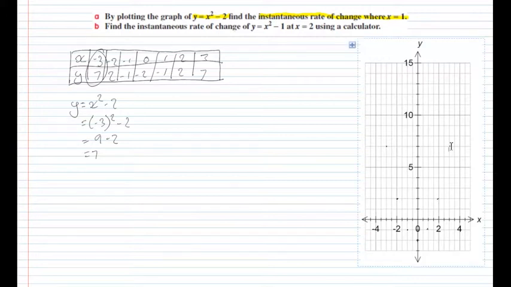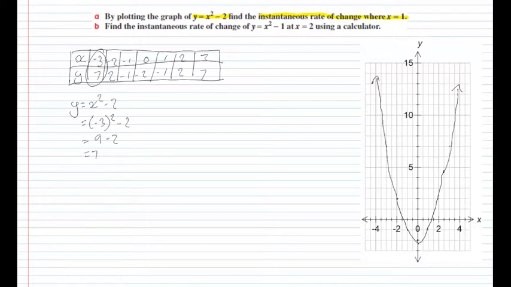Okay, so what you can see here is a few dots that are forming the shape of a parabola. Alright, so just going to draw this graph. Okay, now obviously my parabola is not perfect, but it's got a fair shape going on there.